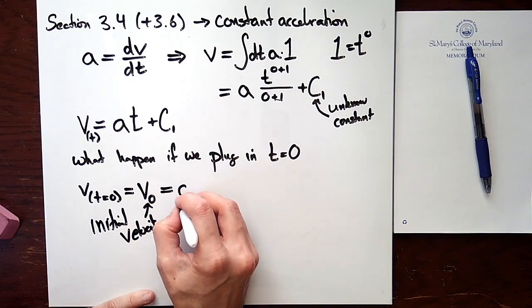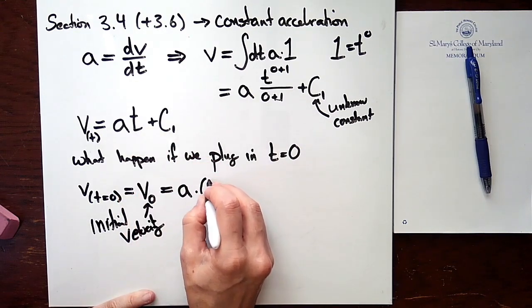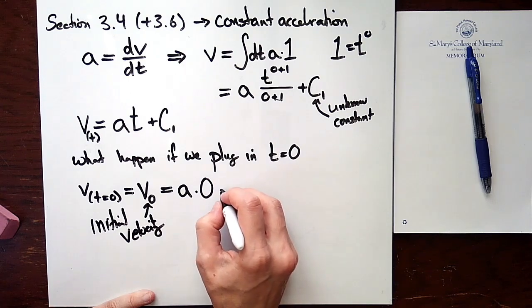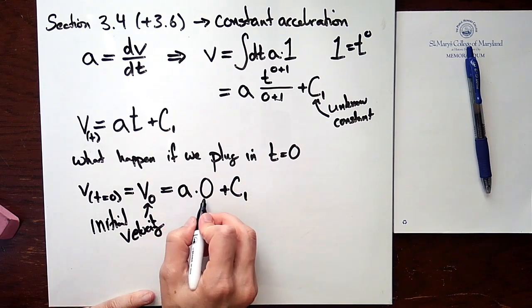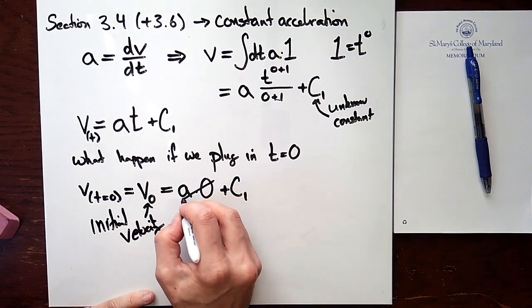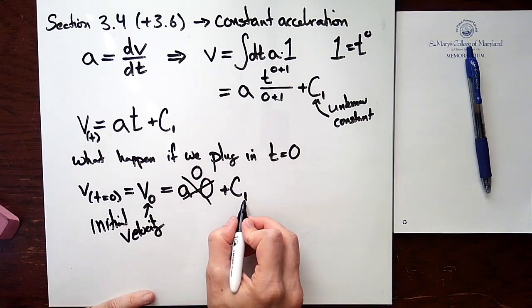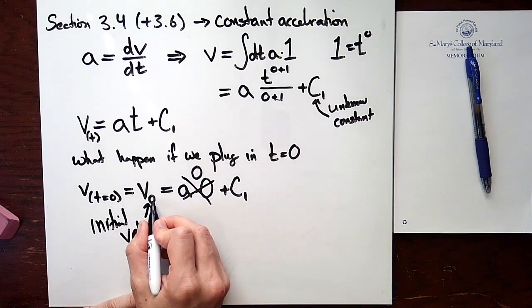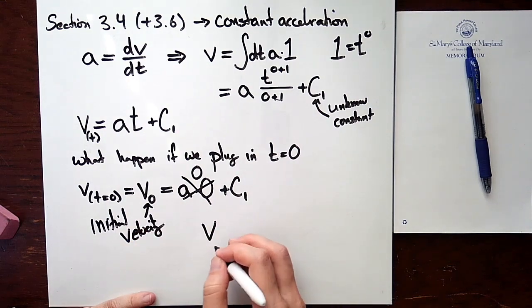And then a, well, that's a constant, nothing happens there, but t, we need to plug in 0, so we multiply a by 0, and then add our unknown constant c1. But a by 0, or anything times 0, well, that is equal to 0, so this whole term disappears. That leaves us with our unknown constant is actually the initial velocity. And that'll happen a lot in this class.